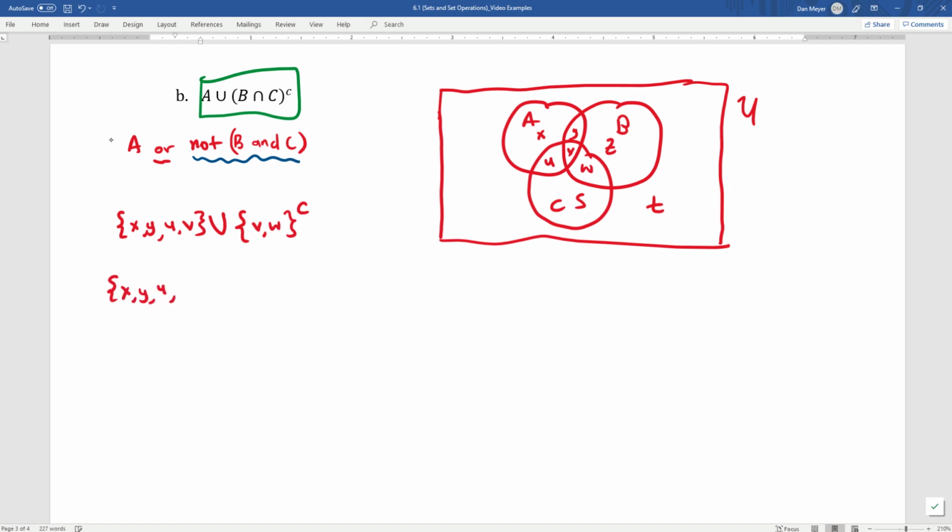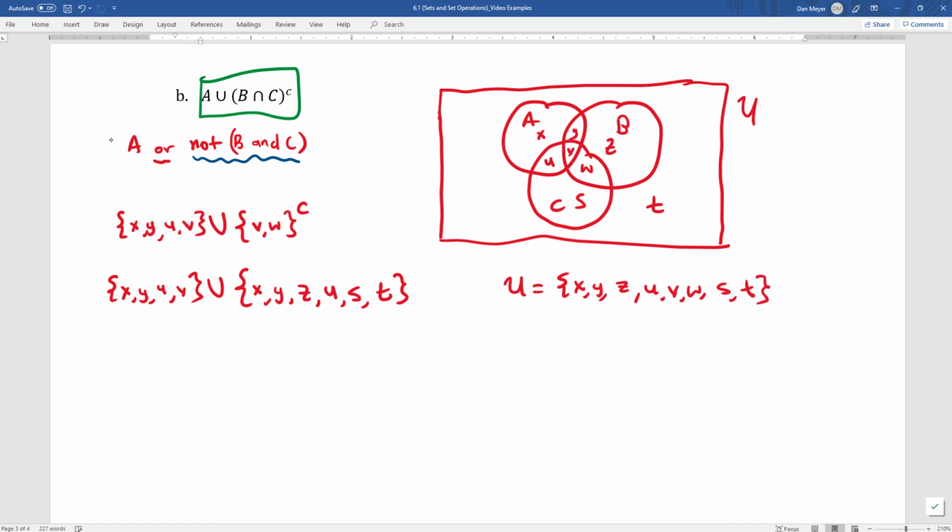The complement of V and W would be everything on the outside: X, Y, Z, U, S, and T. I guess here our universal set is just X, Y, Z, U, V, W, S, T. So everything that's not V and W. And then for the union, we start by writing down the first set: X, Y, U, V, and then everything from the second set that we haven't already written down.